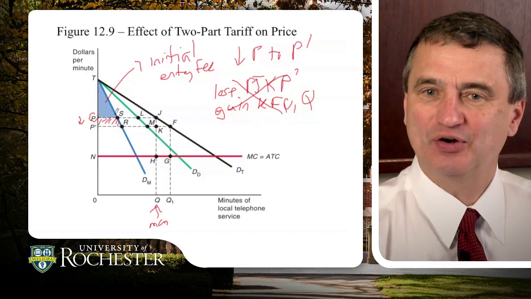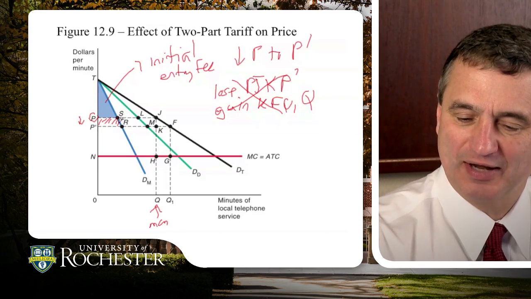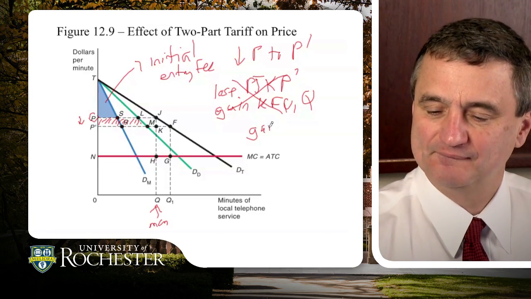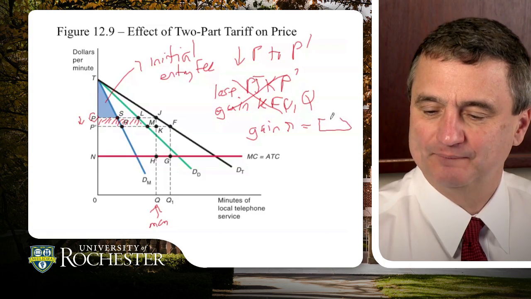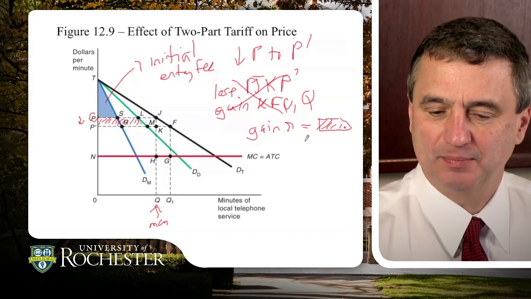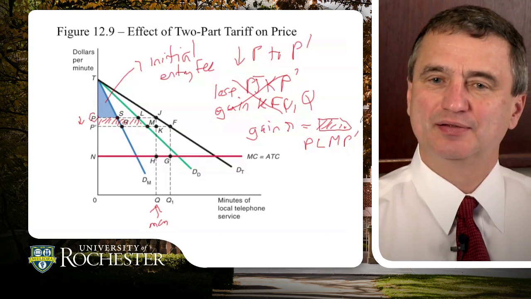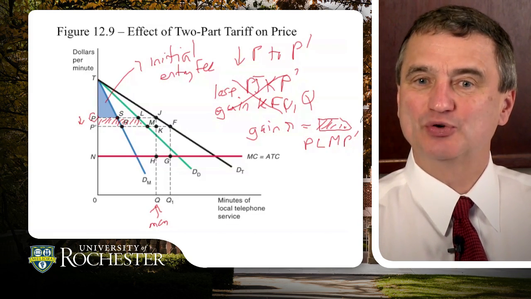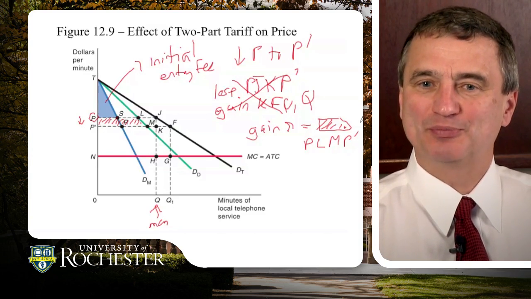Twice that shaded in area. And because the demand curve for Donald is twice the amount for Martha, the gain in profit would be that trapezoidal area, P, L, M, P prime. So in terms of the additional entry fee, it pays to charge below monopoly price.